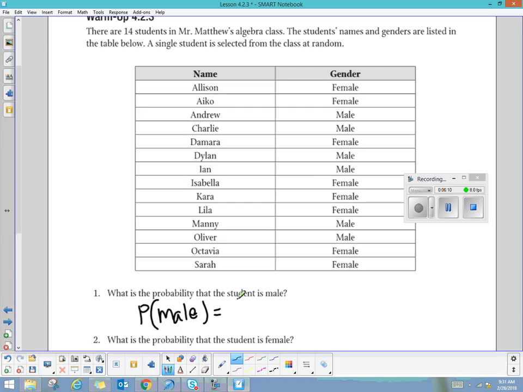Well, there seems to be 6 male students out of a total of 14 students. Yes, you can certainly reduce that to 3/7, which is giving us approximately 42.9%.